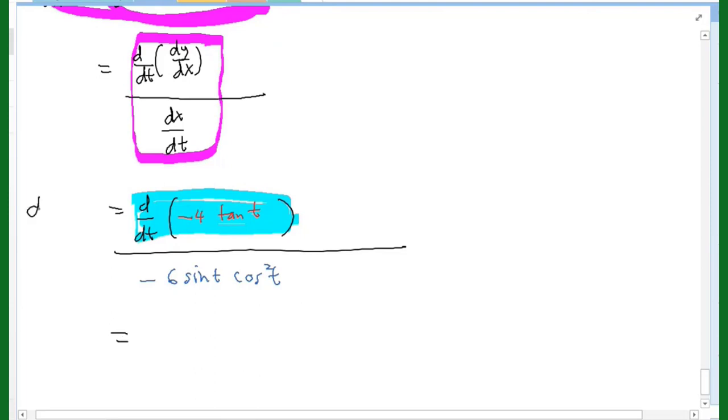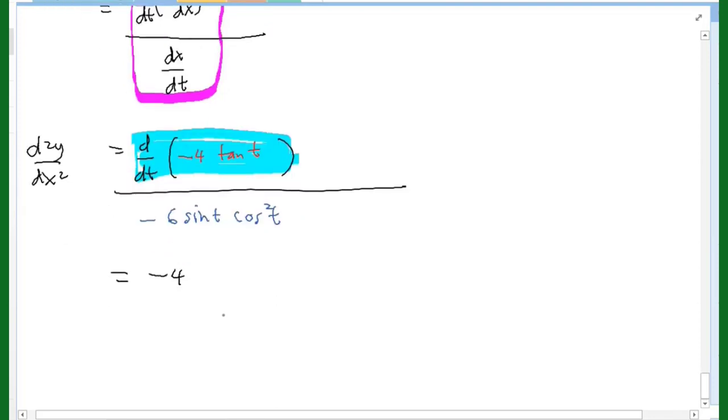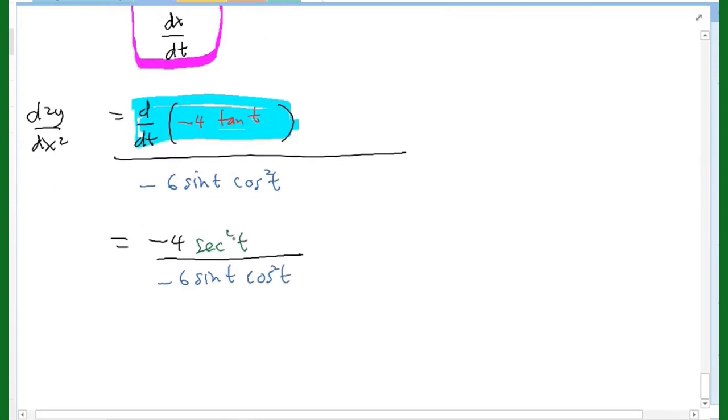Okay, so differentiate tangent. What is the answer for differentiating tangent? Secant t squared. Okay, and then simplify. Settle, right?